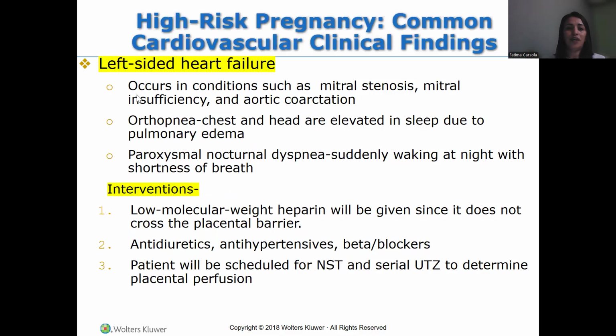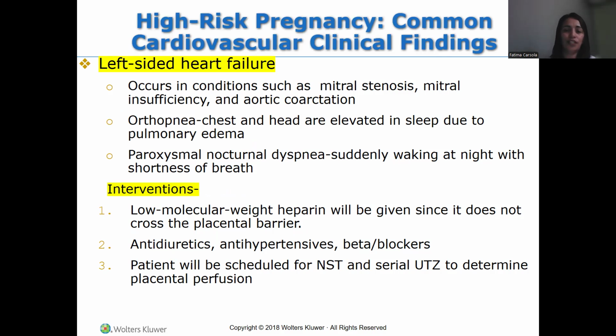We also have here common topics on left-sided heart failure and of course the right-sided heart failure. When you say left-sided heart failure, this is just an introduction to this condition because we are just talking about pregnancy.